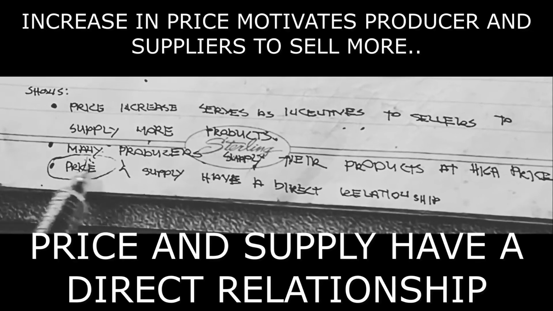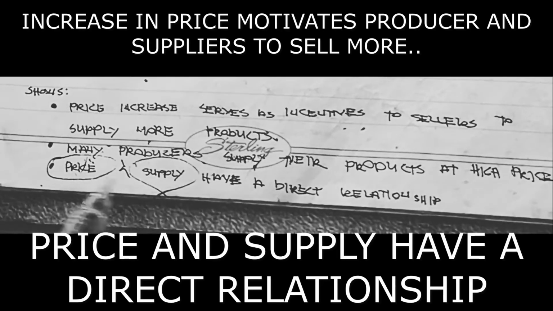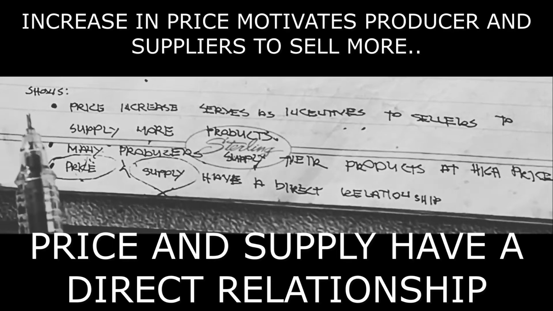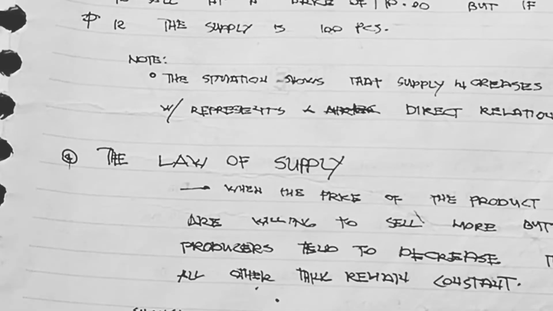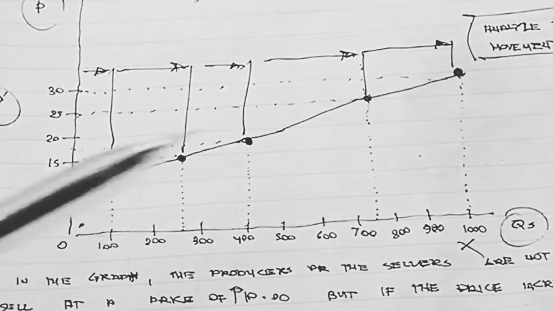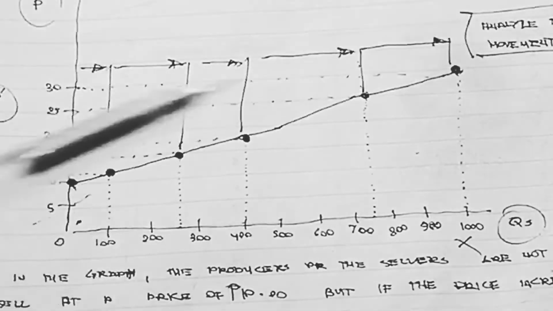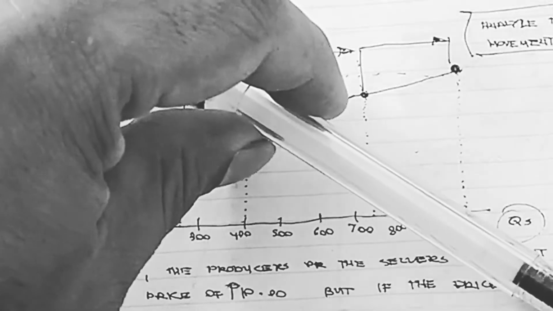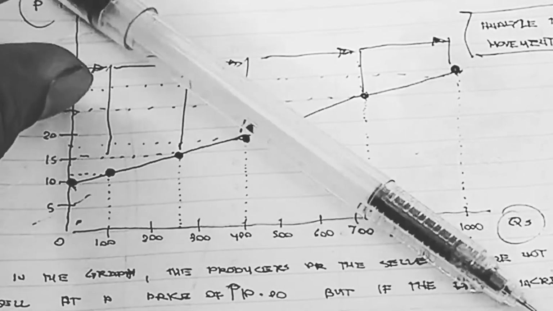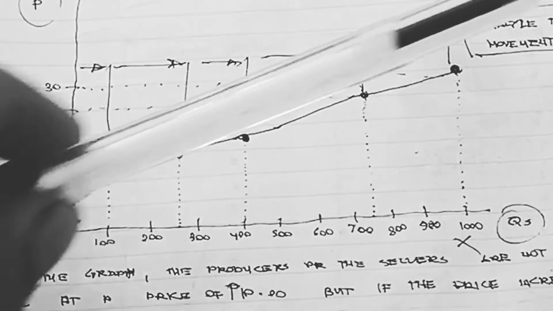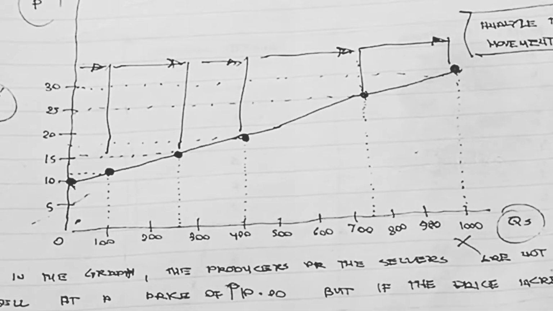So in a supply function, between price and quantity supplied, there is a direct relationship of the two variables, which shows that the curve goes up. Unlike in demand, where the curve goes downward. The curve of demand looks like that, but in supply, the curve is going up. So that is the curve in supply.